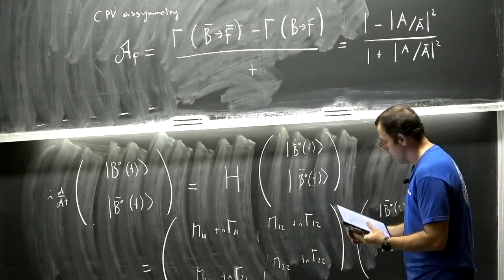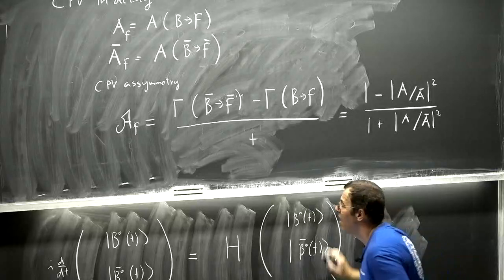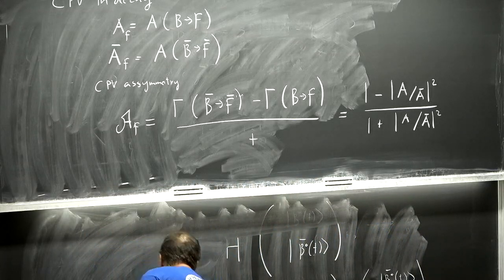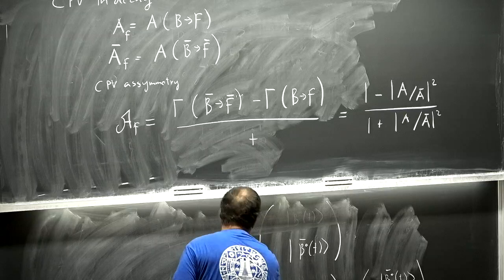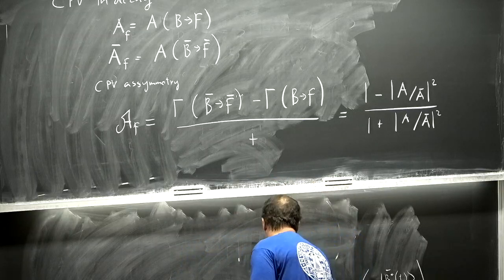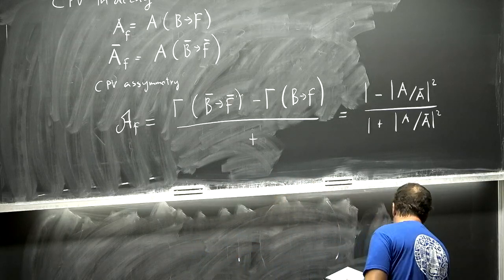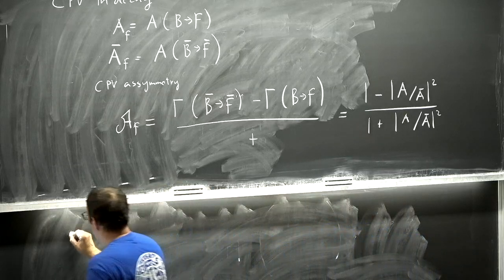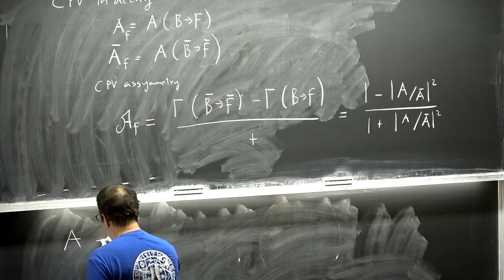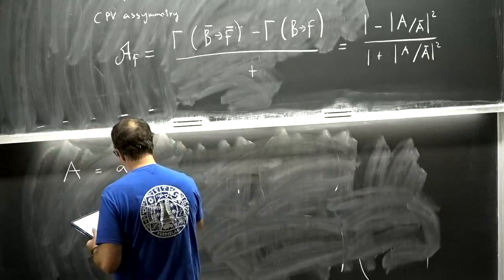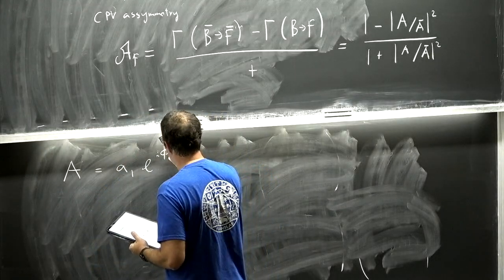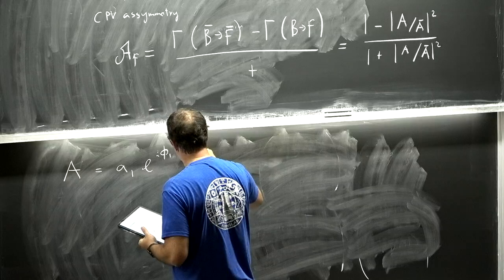Okay. So now let me assume that there are two interfering amplitudes. Let's just take this case. So let's say that I have two interfering amplitudes. Small a1, that's the amplitude, has a phase, and I will write two phases here.